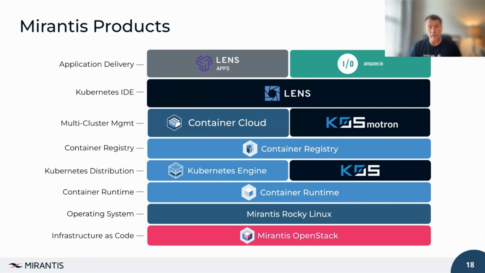The container registry is the Mirantis Container Registry. The Kubernetes distribution is the Mirantis Kubernetes Engine, as well as k0s. The container runtime is the Mirantis Container Runtime. The operating system is the Mirantis Rocky Linux, and the infrastructure as code is Mirantis OpenStack for Kubernetes.